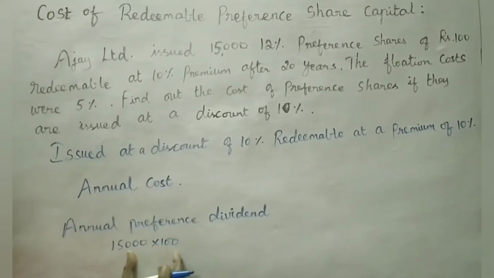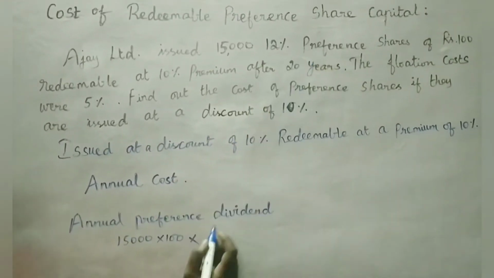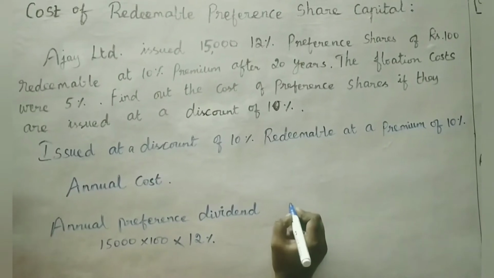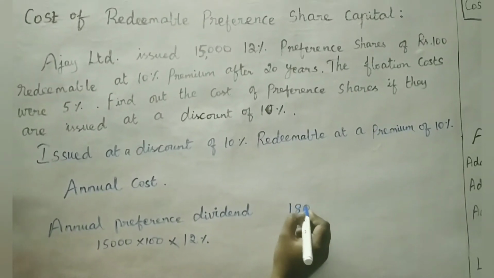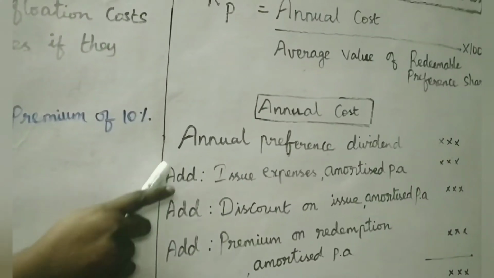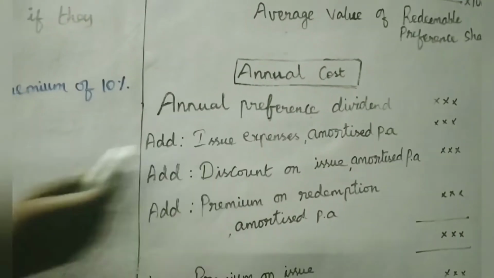This is the face value. Apply 12% dividend percentage. The dividend is 1,80,000. With the annual preference dividend, add issue expenses.